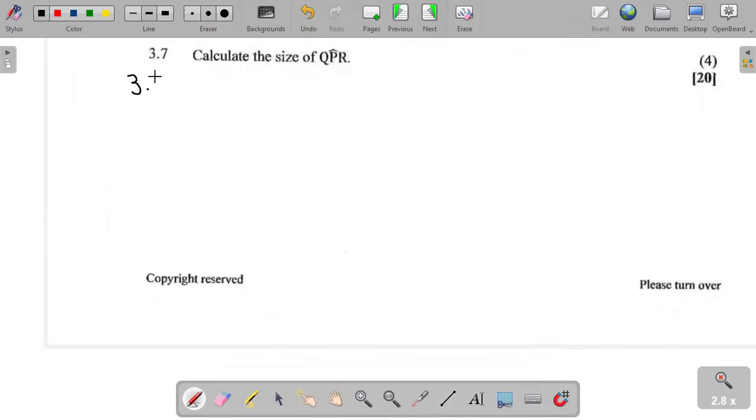Tan theta equals m, which equals y2 minus y1 all over x2 minus x1.